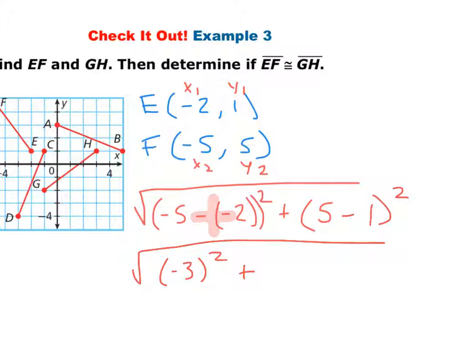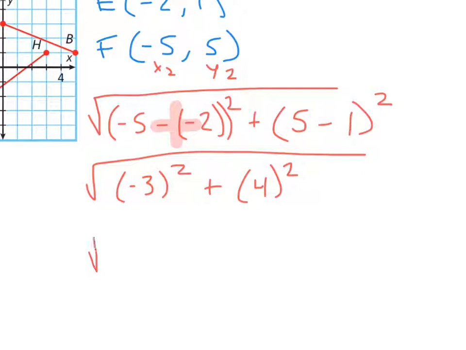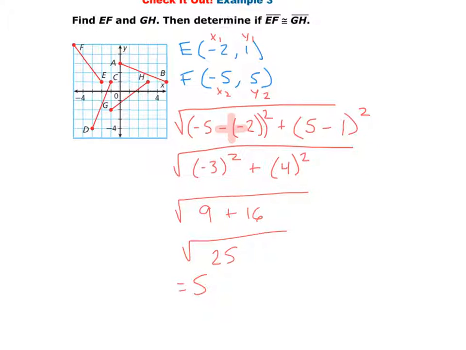Squared plus 5 minus 1, 4 squared. So what's negative 3 squared? 9. 3 squared is 9. Plus 16. So the square root of 25, which is equal to 5. So this is the length of EF.